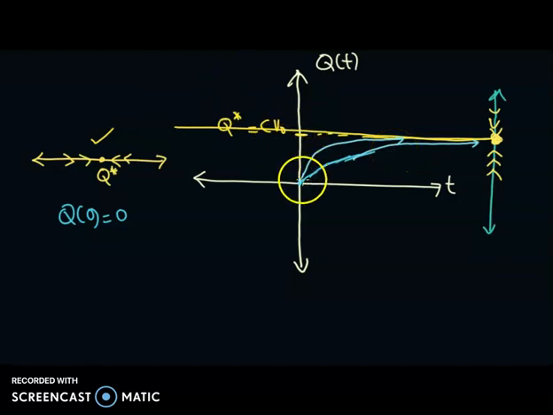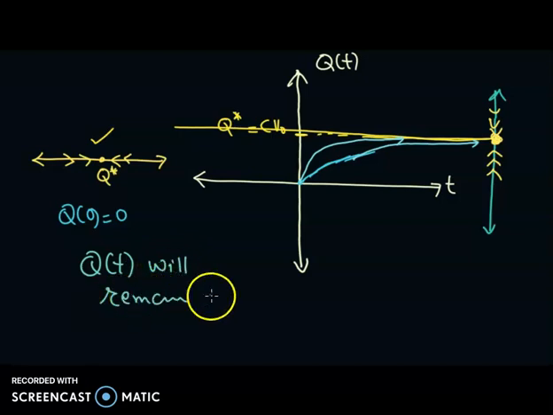In fact, any trajectory that starts at 0 with certain parameters C, V naught and R will move towards this equilibrium solution. That means that q of t will remain near CV naught in the long run.